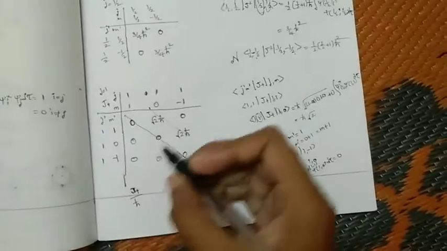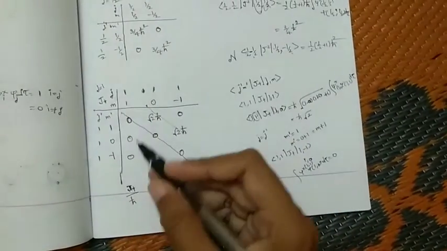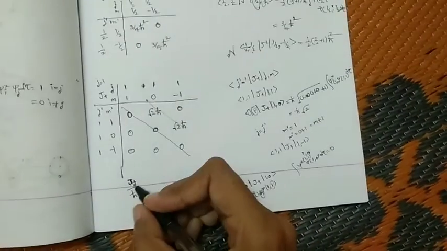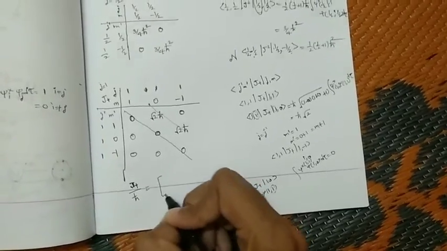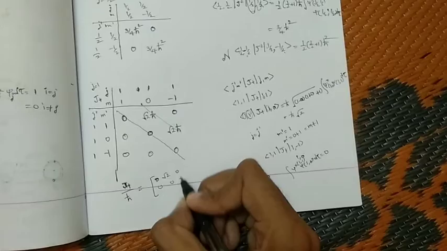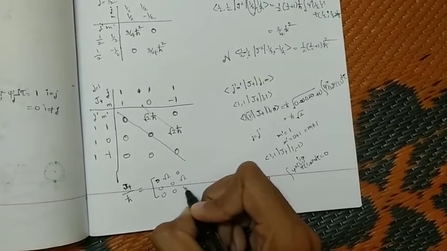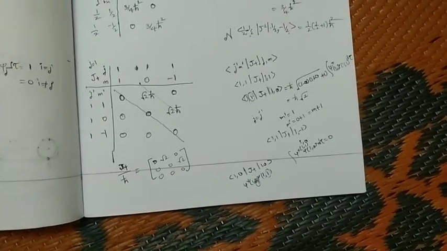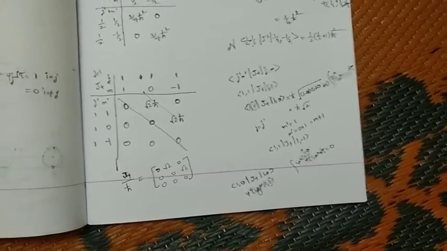So if we take h cut as common, sending h cut to this side, J plus by h cut is 0 root 2 0, 0 0 root 2, 0 0 0. So this is the J plus by h cut matrix.